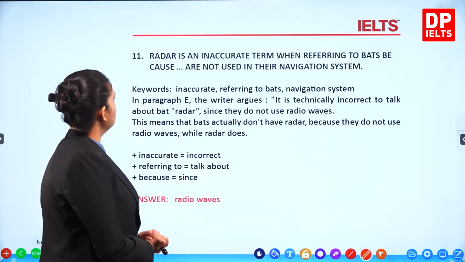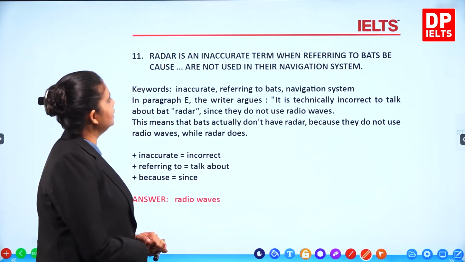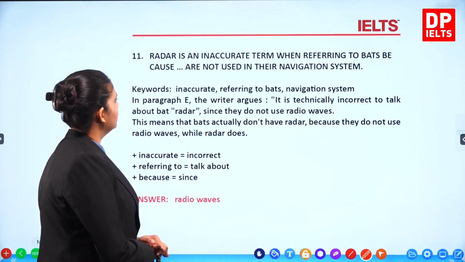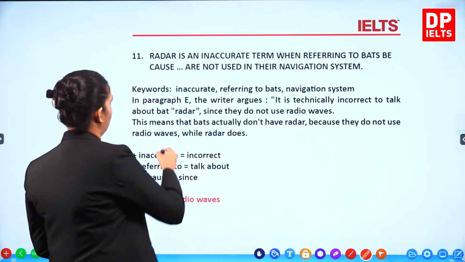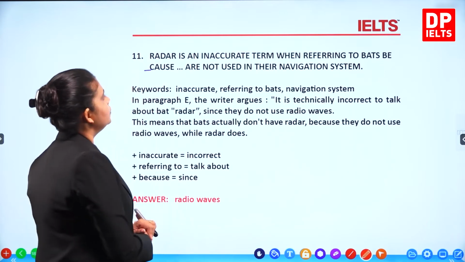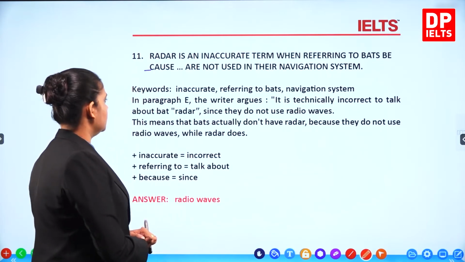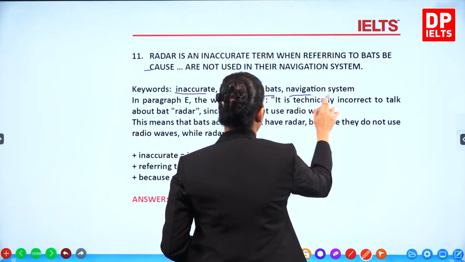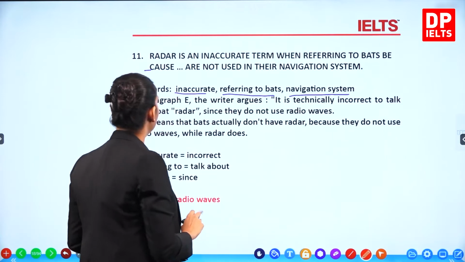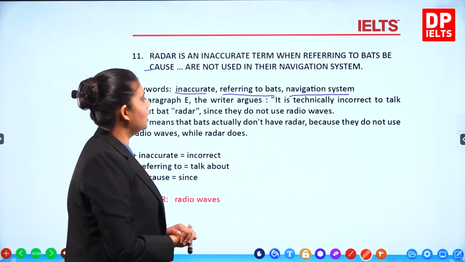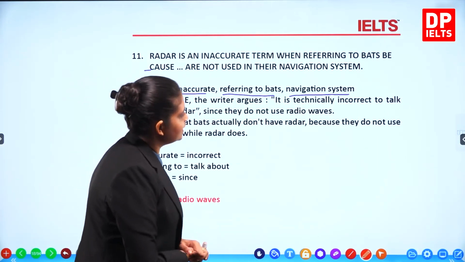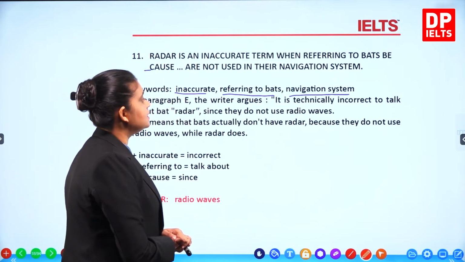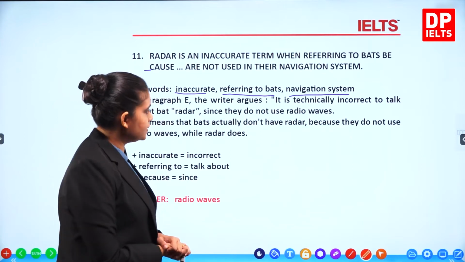Okay, question 11. Radar is an inaccurate term when referring to bats because, it's one word, are not used in their navigation system. So keywords are inaccurate, referring to bats' navigation system. In paragraph E, the writer argues it is technically incorrect to talk about bat radar since they do not use radio waves.